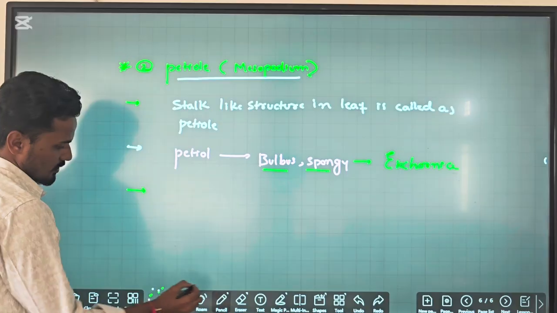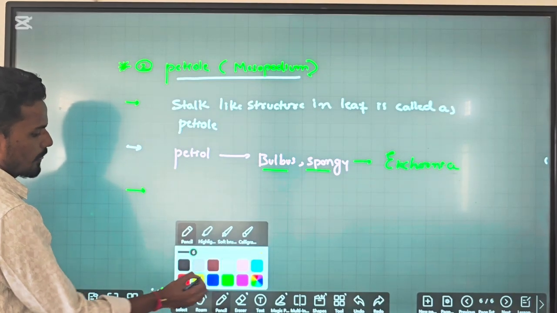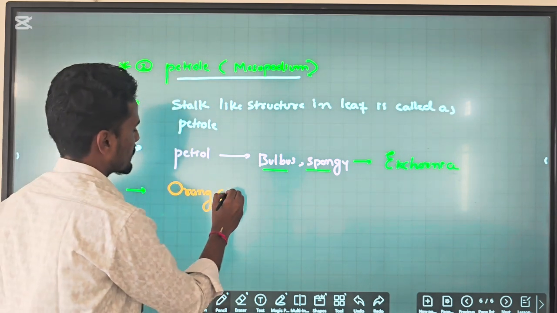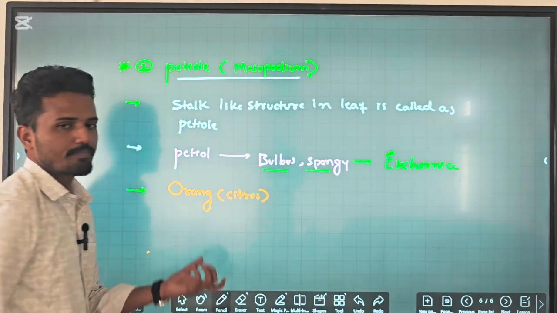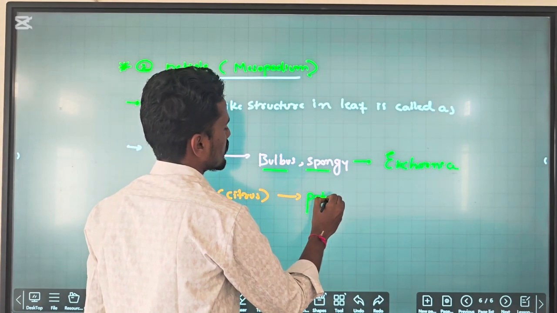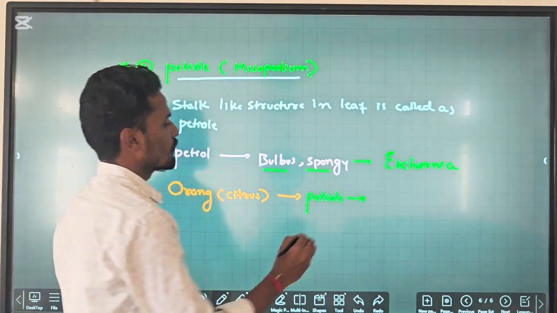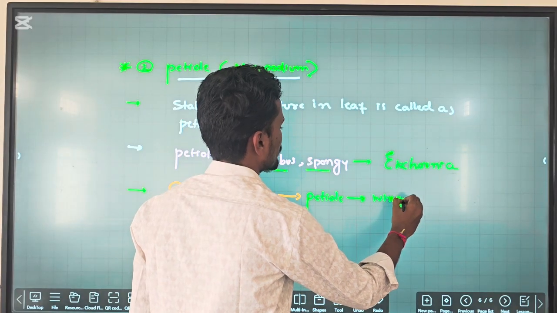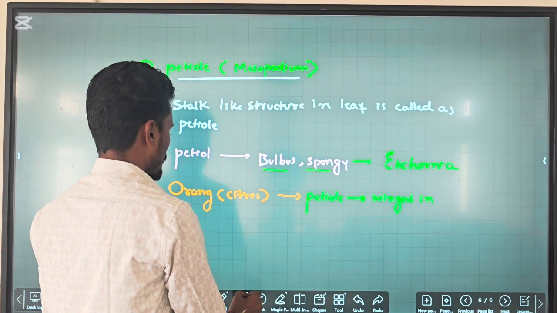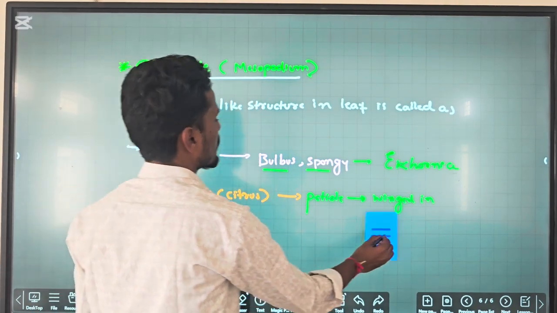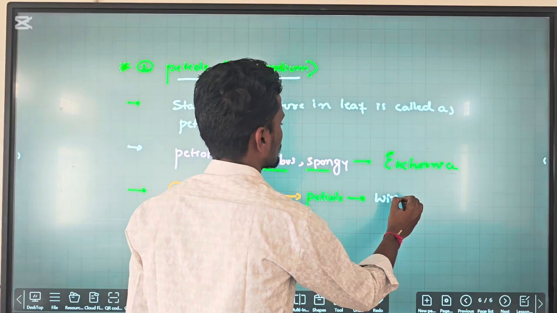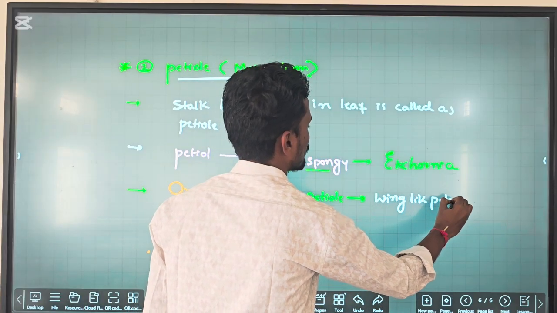In orange, when we see the petiole of an orange plant, or the citrus group of plants, the petiole is modified into a winged form, a wing-like structure.